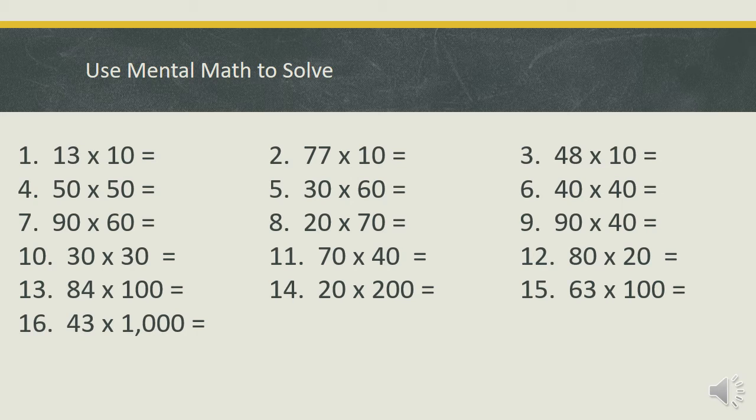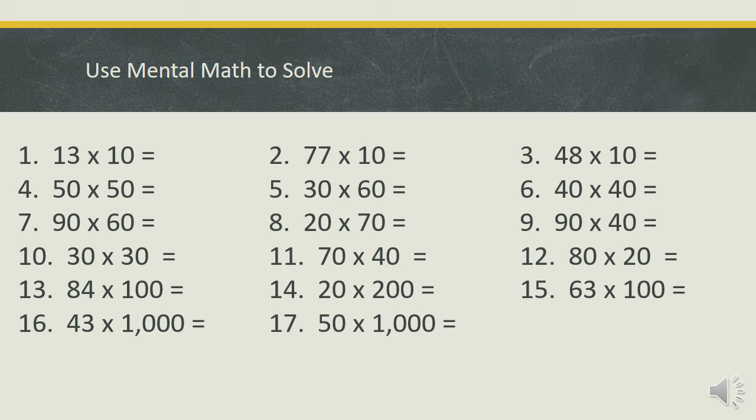But 43 times 1 is really simple because anytime 1 is a factor, the product is always the other factor. So write that down. There are no zeros in 43, but there are 3 in 1,000, so you have 3 zeros to annex, and you will have the correct answer.